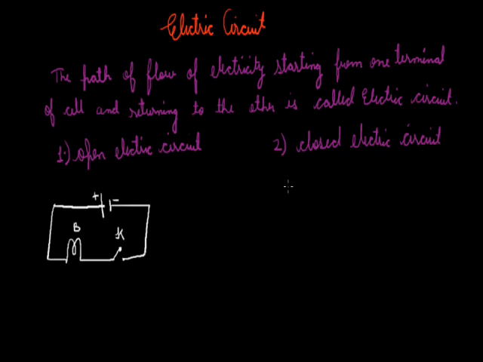But at the same time, a closed circuit is a circuit in which the electric current flows, because the key is closed. So there is no breaking of connecting wires. They are all closed in a loop. So the bulb glows.